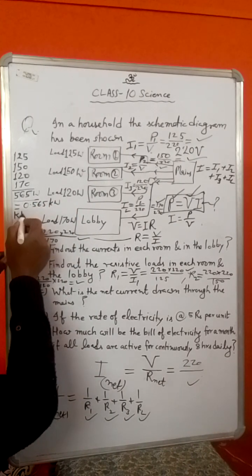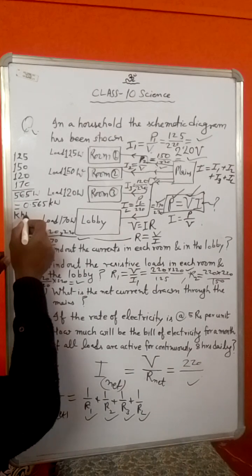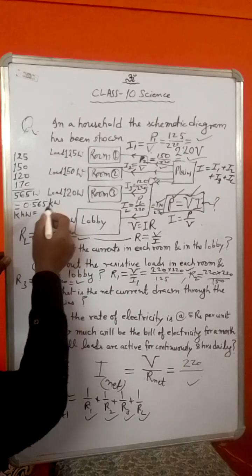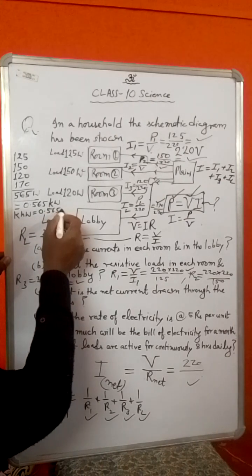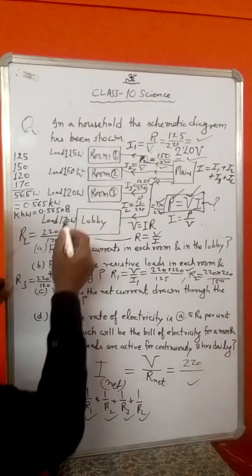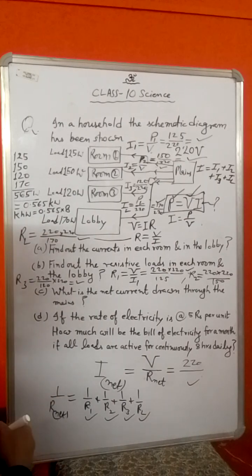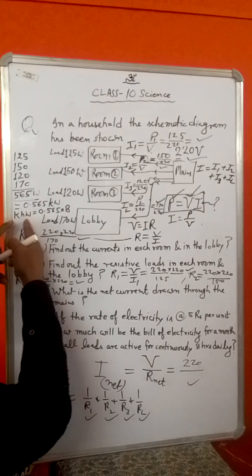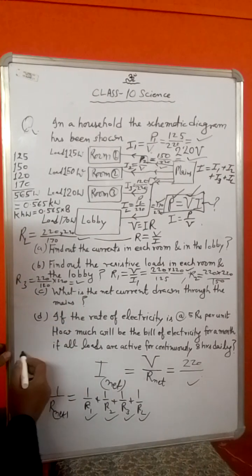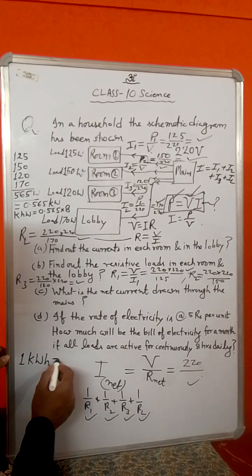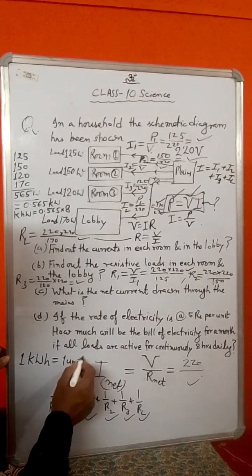Then kilowatt into 8 hours, that is kWh. Now once you multiply this, this is your value in kWh. Now 1 kWh is equal to 1 unit.